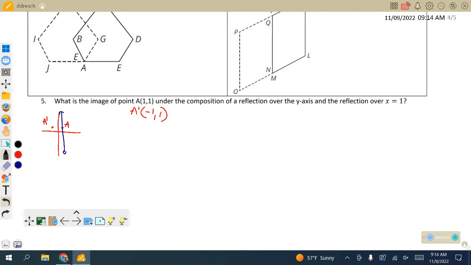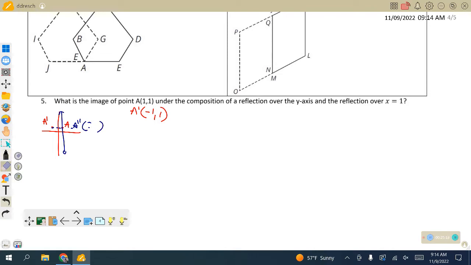So how far away is that A prime to our blue reflection line there? Isn't that 2 away? So we said this was at negative 1 right here, and then that's another 1, so 1 plus 1 is 2. So when I bring it over here, what's 2 plus 1 give you? 3. Yep. The final answer is right there.